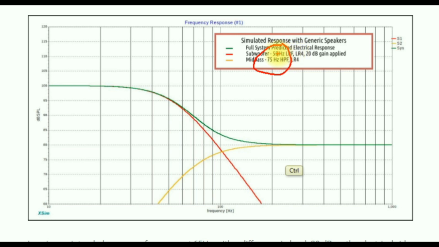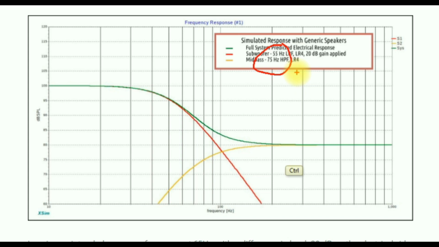So what I have chosen here is a 55 hertz low pass filter for the subwoofer channels, a 75 hertz high pass filter for the mid bass.